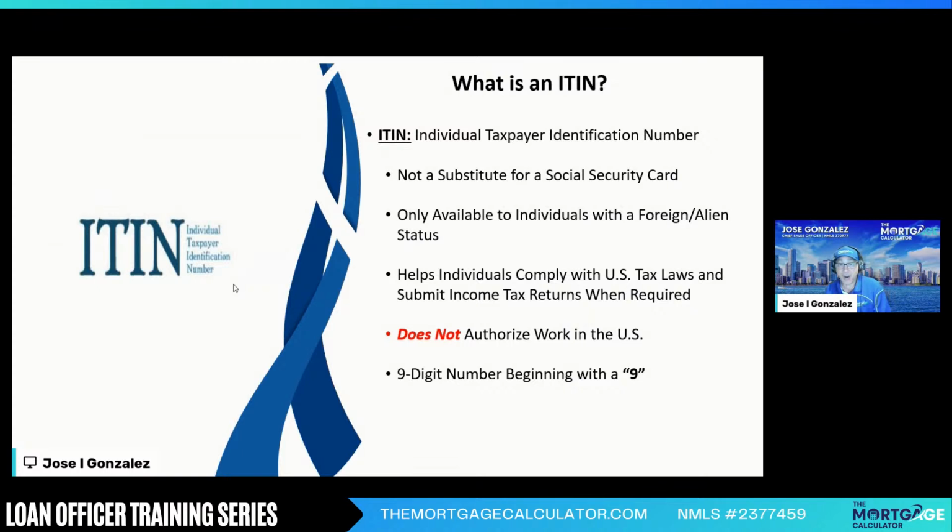If you have an ITIN borrower that gives you W-2s, look at the W-2 document to make sure that the tax ID number there is actually their ITIN and not somebody else's Social Security number. Be aware also that an ITIN is a 9-digit number, and it begins with a number 9.